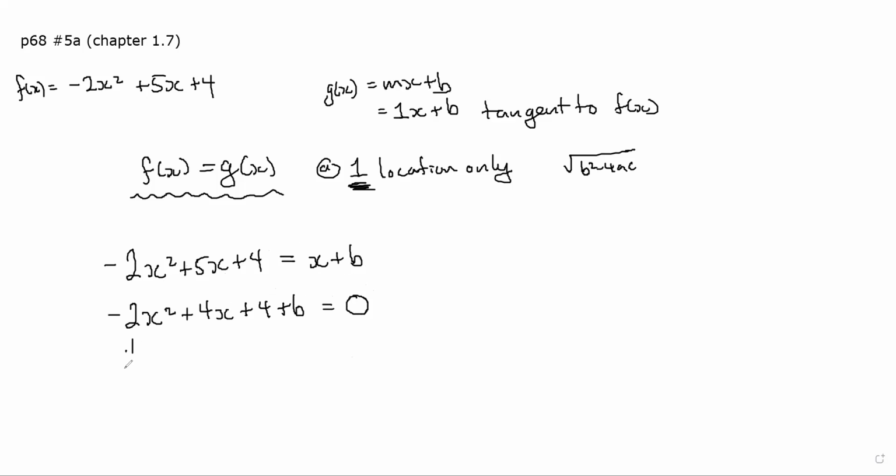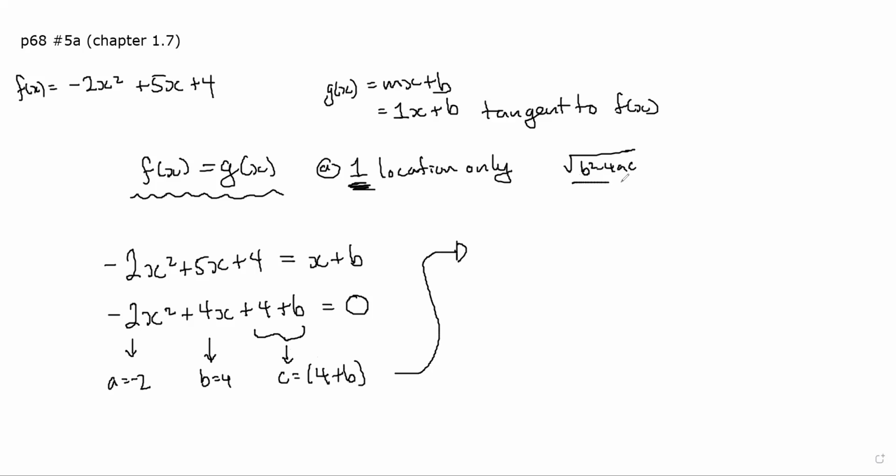So this is my a value, this is my b value, and remember, the c value is whatever the constant is. Right now, b is some number I don't know, but I do know that together, c is going to be 4 plus b.